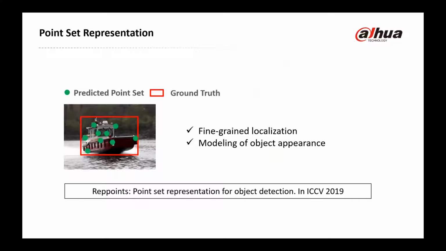Inspired by RepPoints, we propose to model the target state of video tracking as a set of representative points, which facilitates more accurate localization and modeling of object appearance.